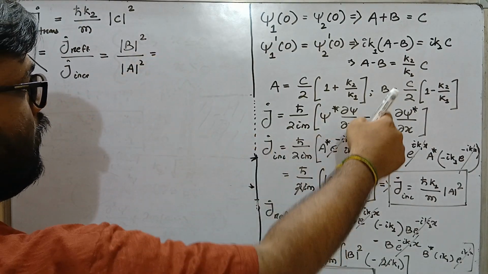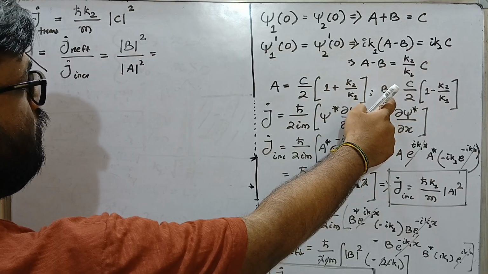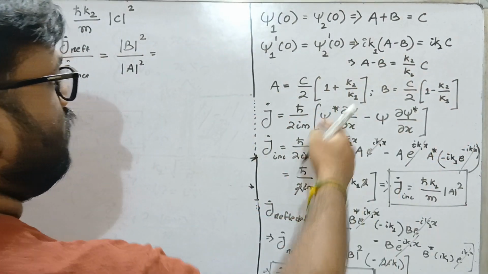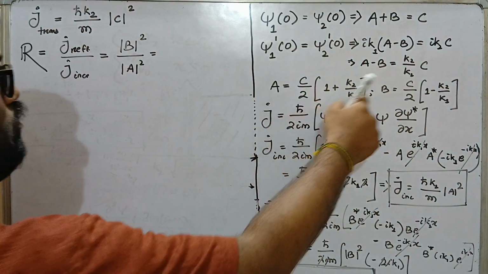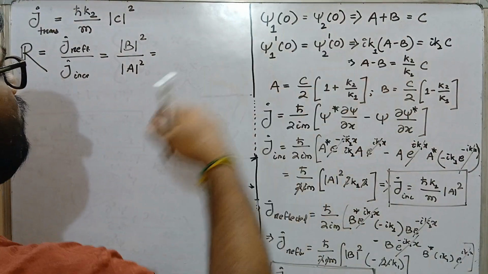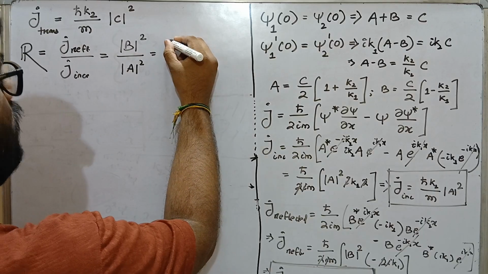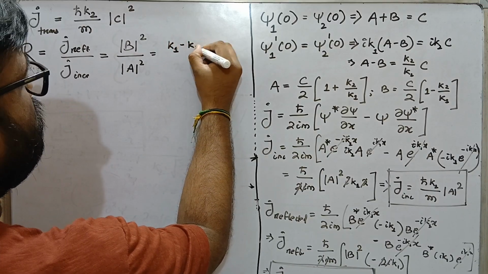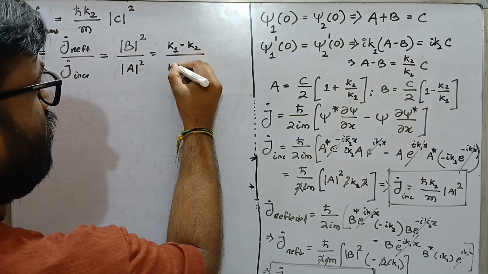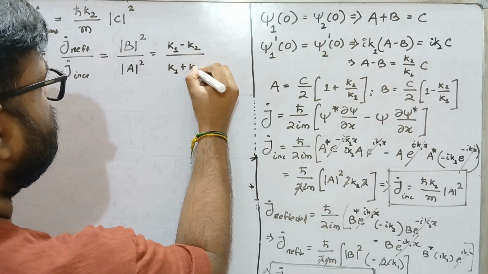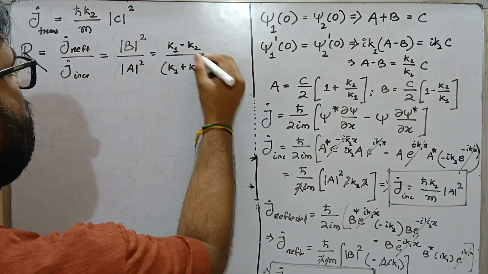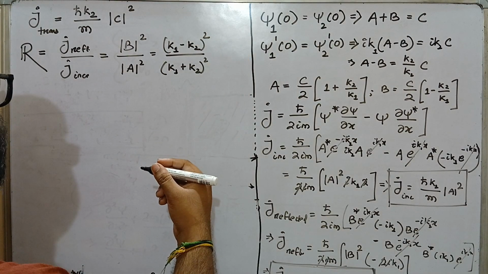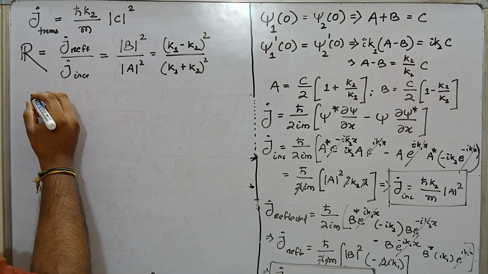Look at this, this is our B, this is our A. When we take the square of it, the factor of 2 will go. What will we be left with? We will be left with (k1 minus k2) divided by (k1 plus k2), whole square.